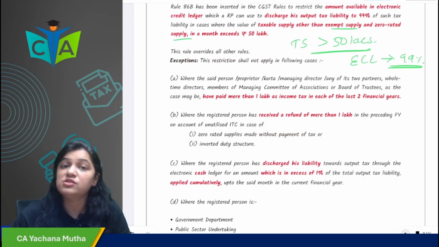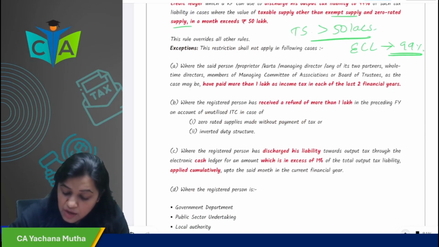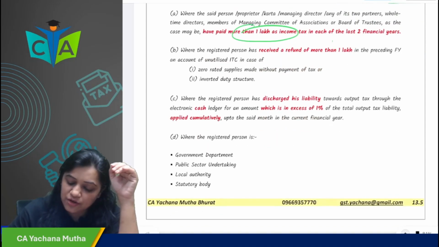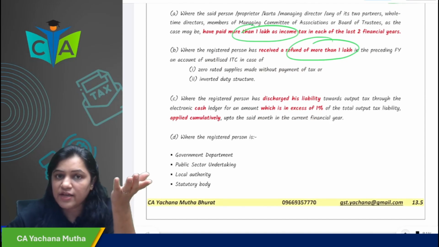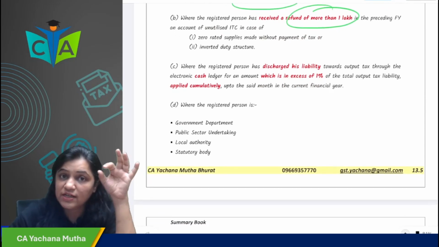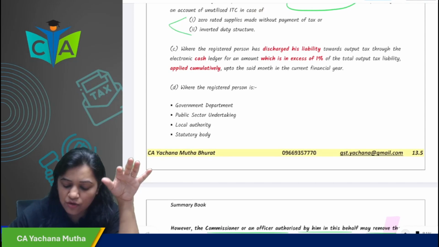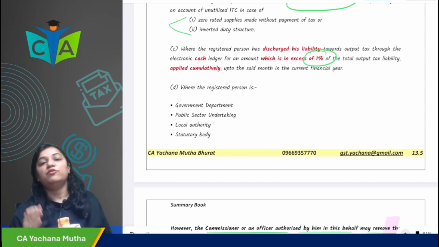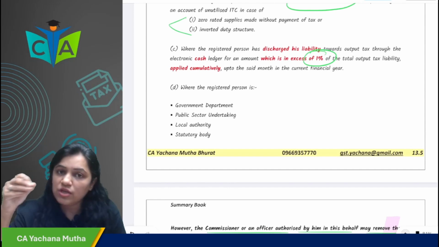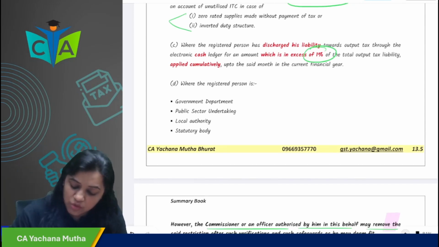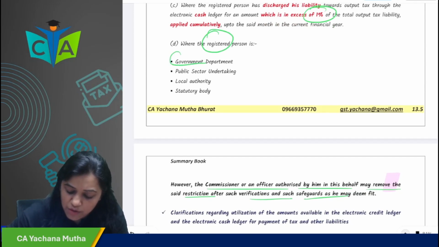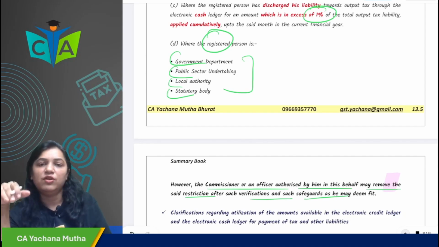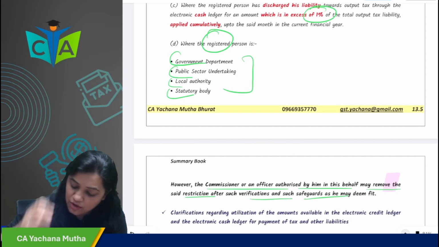But this restriction is not applicable in the four cases: where you have paid more than 1 lakh as income tax in the last 2 financial years, or you have received a refund of more than 1 lakh of unutilized ITC in case of zero rated supply or inverted duty structure, or you have cumulatively discharged more than 1% using the electronic cash ledger, or where the registered person is a government department, PSU, local authority, statutory body. So in these four cases the restriction will not apply.